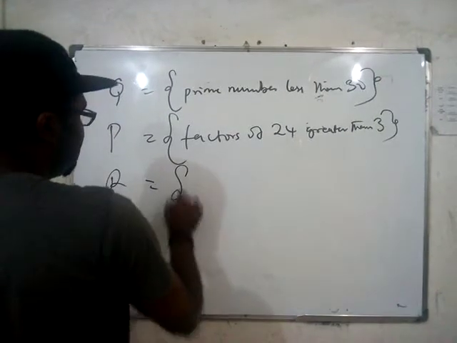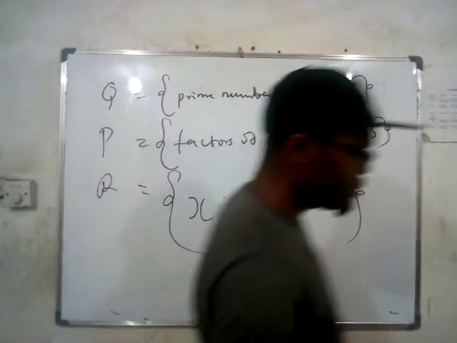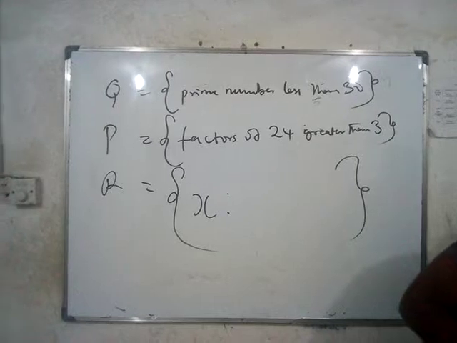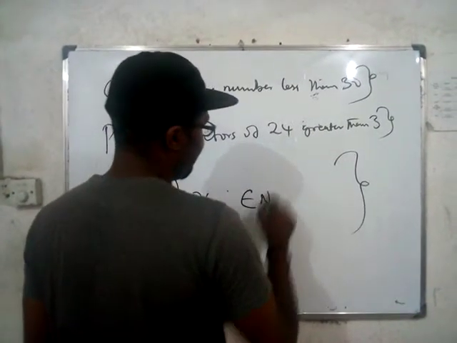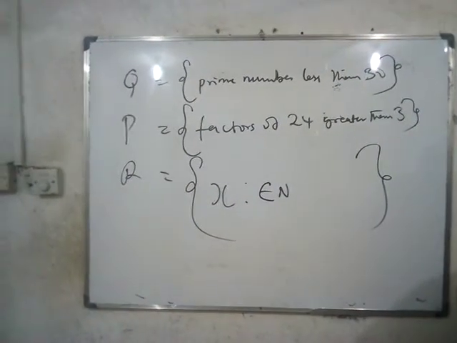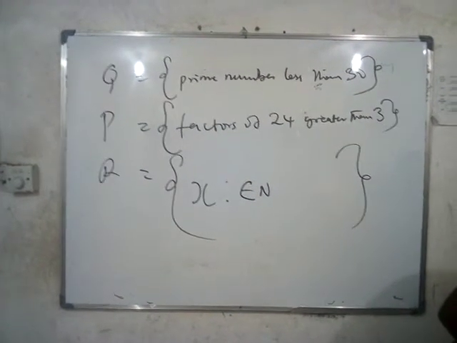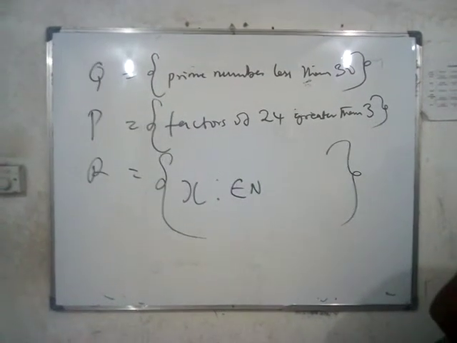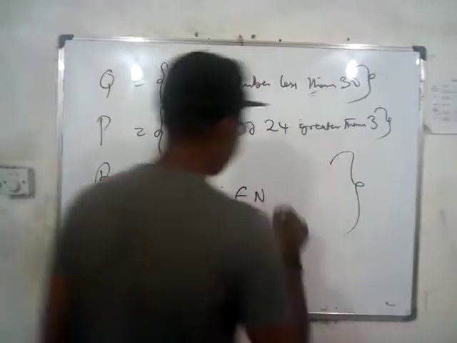And finally, R is a set of X such that X is a member of N and X is between 4 and 20.